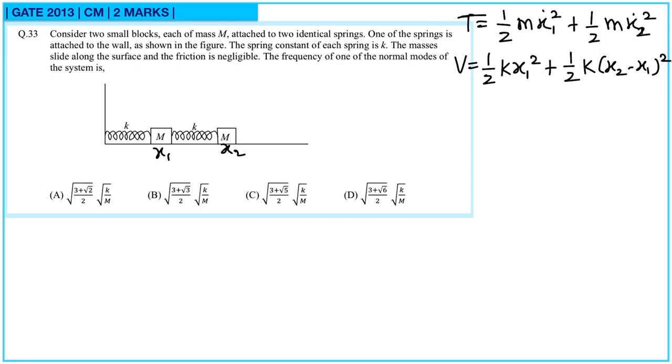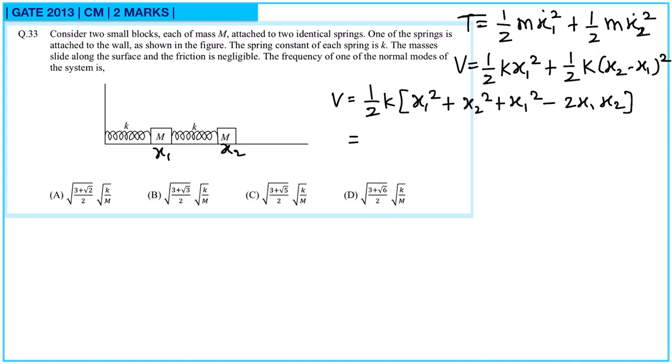So we have to separate it out. So V is equal to half k common, in the bracket we have x1 square plus x2 square plus x1 square minus 2 x1 x2, which can be written as half into k into 2 x1 square plus x2 square minus x1 x2 minus x2 x1.